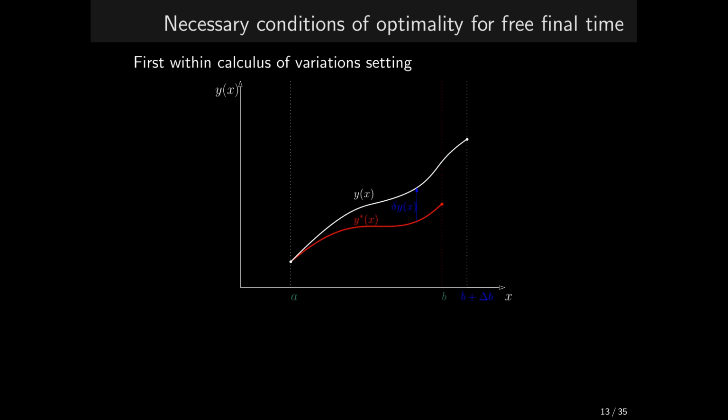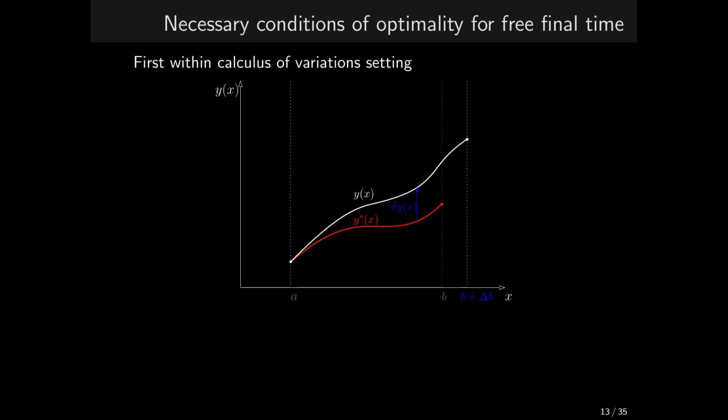As usual in this course, we will start with the framework of calculus of variations. We perform the optimization over smooth functions of an independent real variable x. I sketched here two functions, the red one, y star, representing the minimizer, and the white one, y, being just another function that is obtained by perturbing or varying the minimizer.